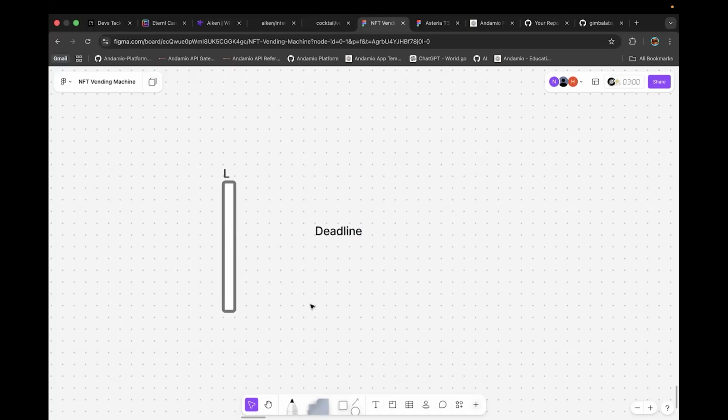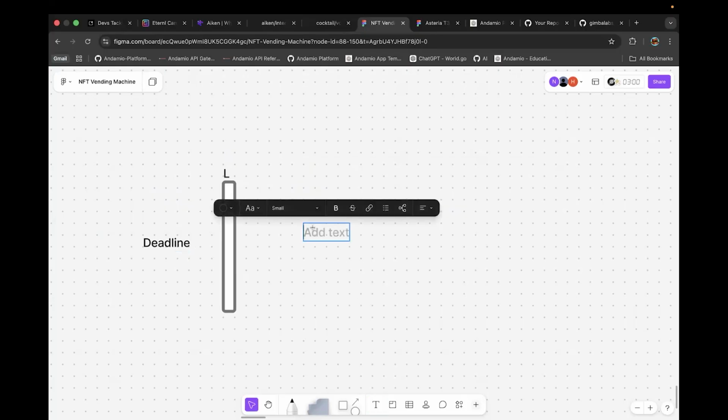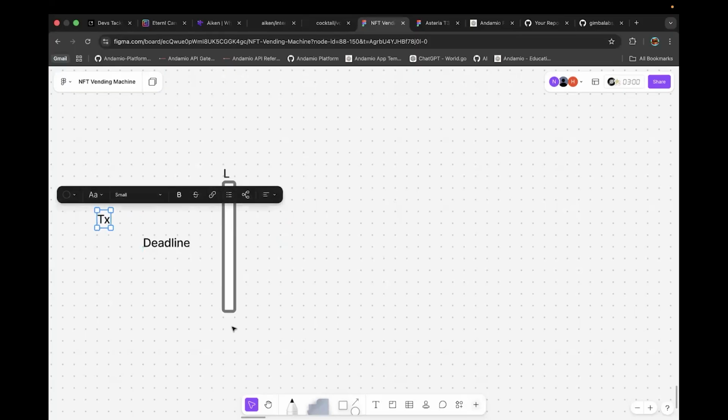So say we are saying valid before, that means this deadline is before the lower bound. If the transaction happens anytime here, the transaction is invalid. Oh no, if the transaction happens here, it is invalid.